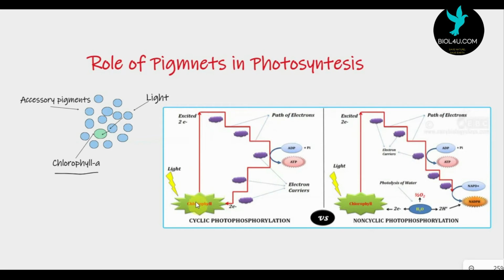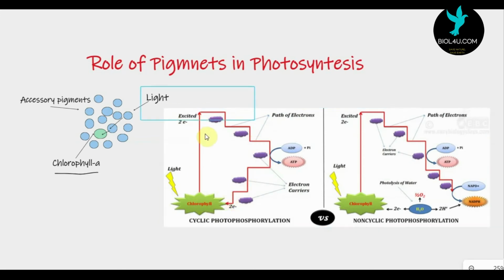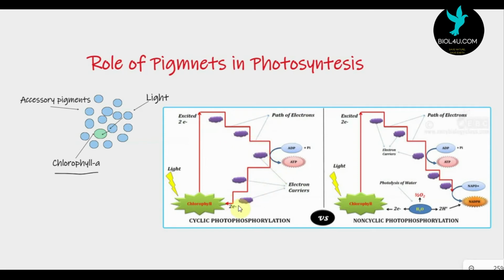So the electron expelled, the same electron reaches back to chlorophyll A. Hence this type of electron transfer is known as cyclic electron transfer, and it takes place in the presence of light. Phosphorylation means the formation of ATP, and it takes place in the presence of light, photo. So it is known as cyclic photophosphorylation.